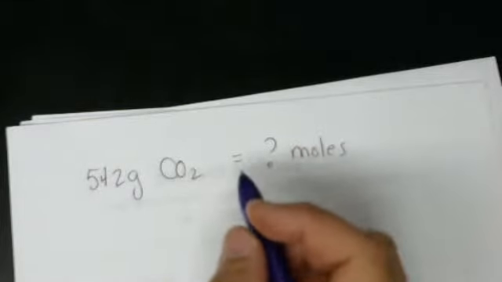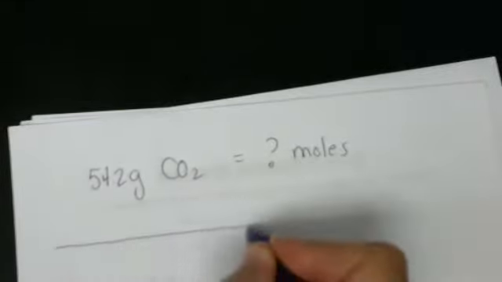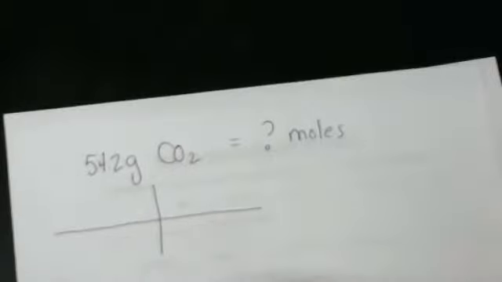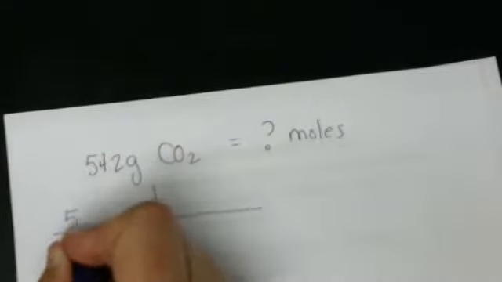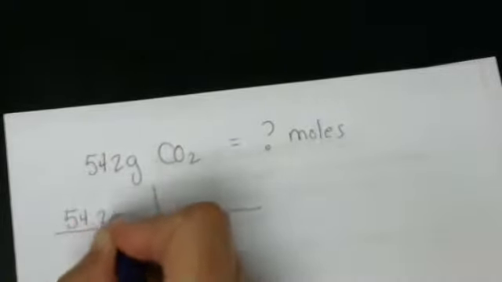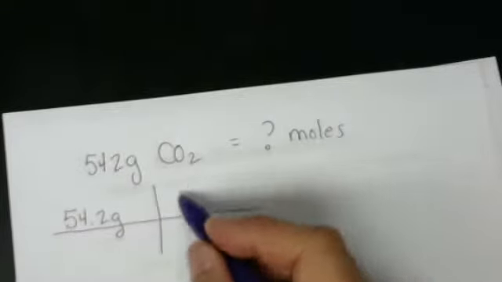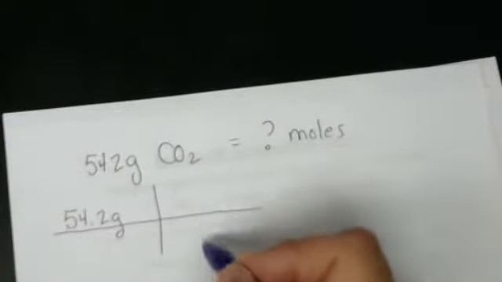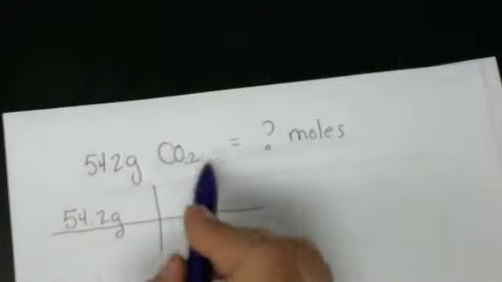We'll do this. 54.2 grams CO2 equals how many moles? There are a lot of different ways you can do that, but I think we'll go back to this table method. So let's put our given here. Normally the next step would be to put our balanced reaction coefficients in here, but we're not actually going to have to do that side because we're only talking about one thing.